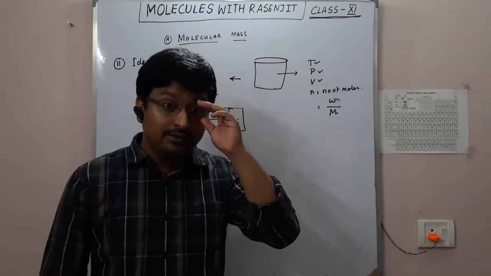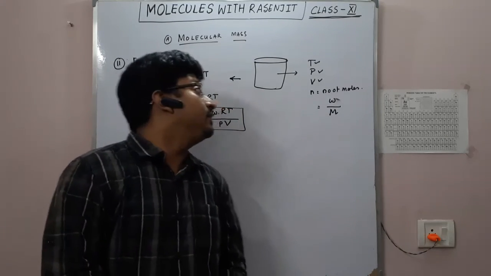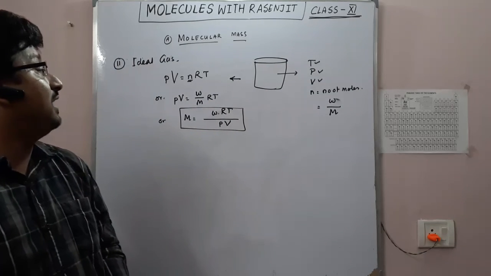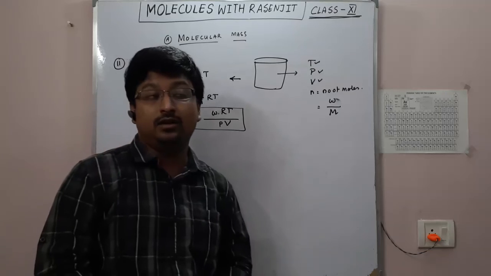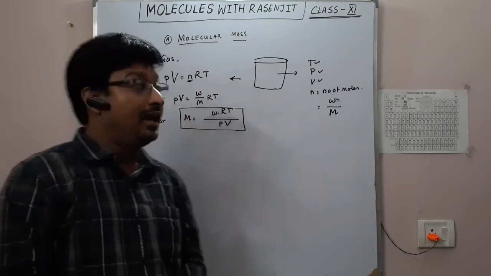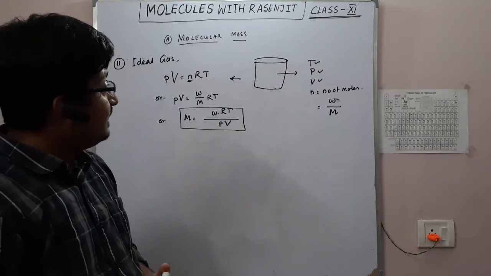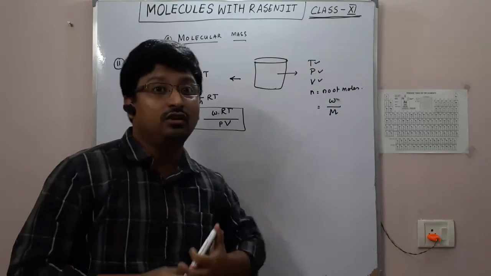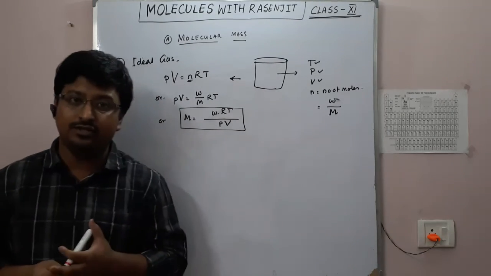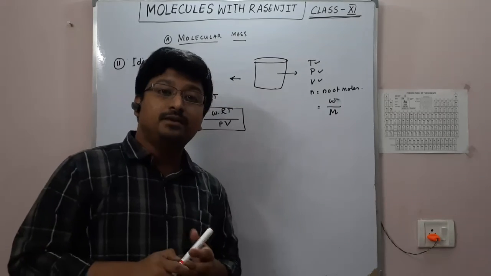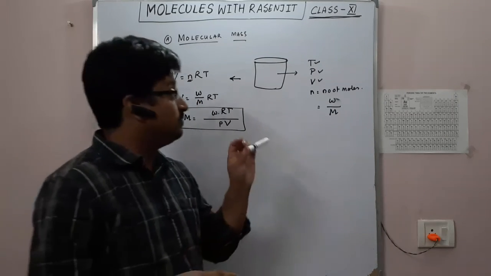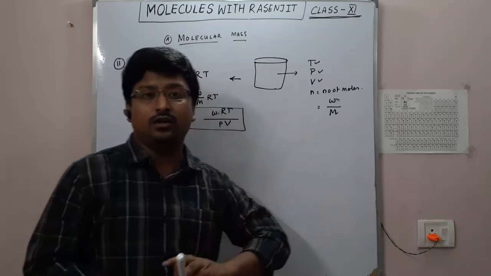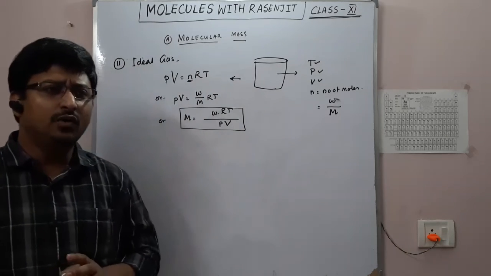So now this chapter is almost at the end. In the next class, we will discuss mostly the numerical problems. In the last lecture of this series, I will talk about numerical problems on this chapter, based on the laws of combination, mole concepts, determination of molecular mass, and percentage composition.